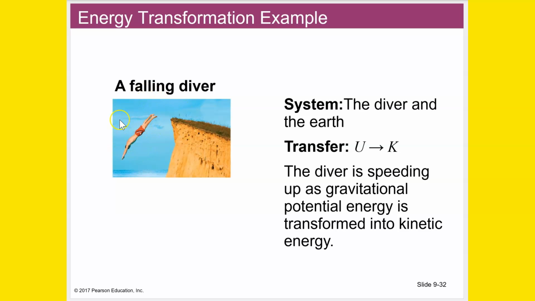The environment, which is the gravitational force of the earth, would be doing work on the system, which is the diver, giving it kinetic energy that it did not have before. But if we define it as the earth and the diver, then it's all potential energy that is being transformed into kinetic energy. So there are different ways to assess and analyze these situations.